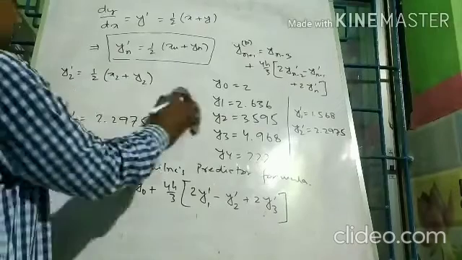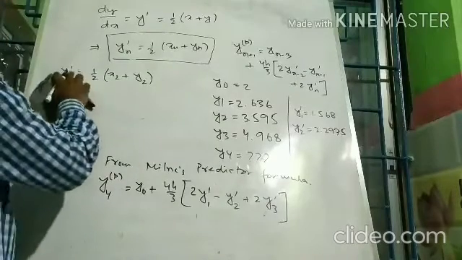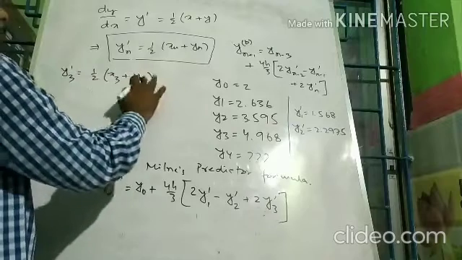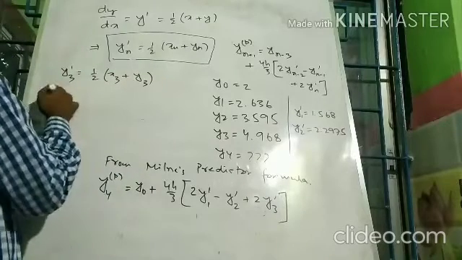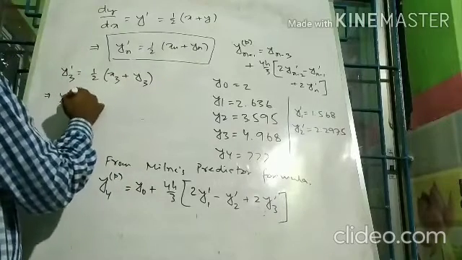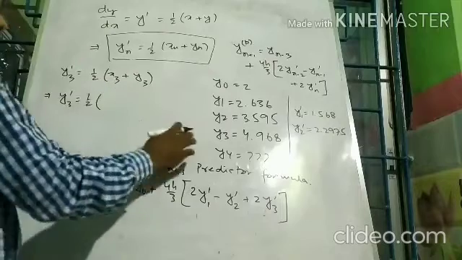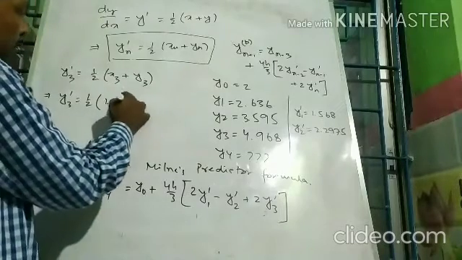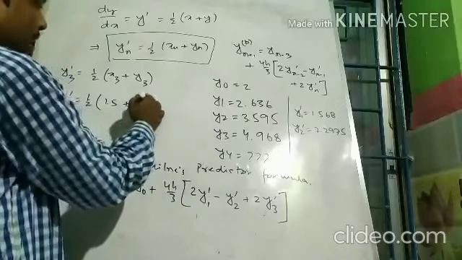Next, y3 prime equals half x3 plus y3. x3 is 1.5 and y3 is 4.968.